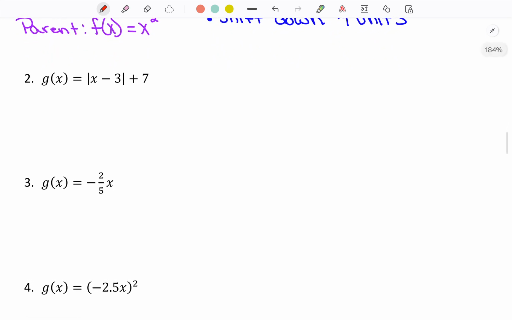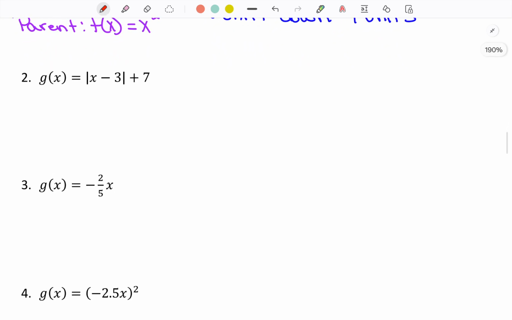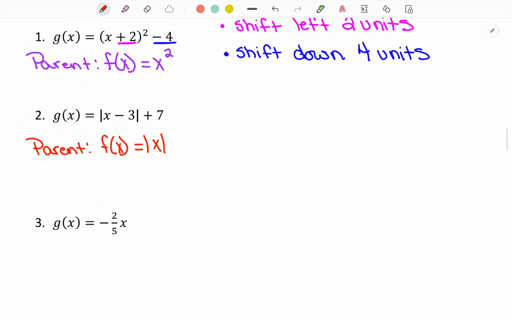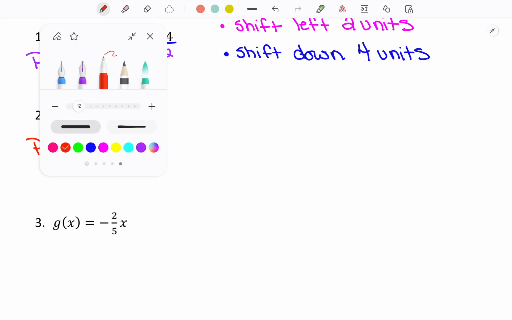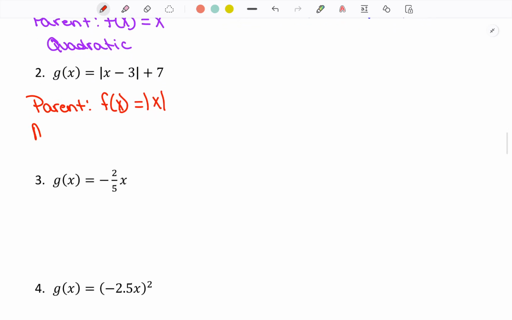And then with number 2, we have g of x equals the absolute value of x minus 3, and then plus 7. So our parent function here is f of x equals the absolute value of x. Just a quick reference, number 1 was quadratic, and number 2 is an absolute value.